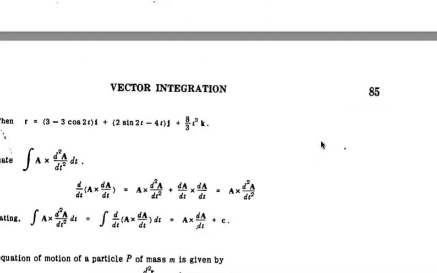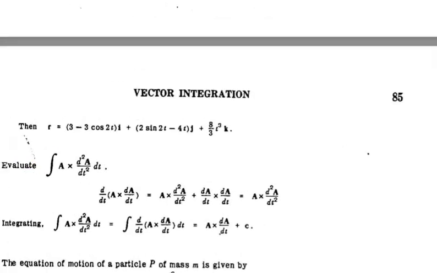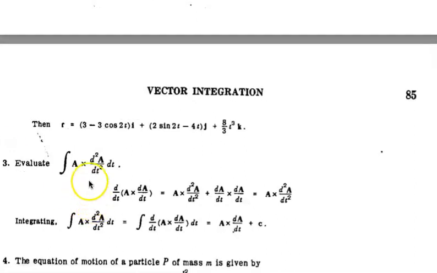Okay, so that's what I wanted to share with you. Firstly, this operation here. You can have many different formal operations underneath the integral sign, like the integral of A cross the second derivative of A, dt squared.